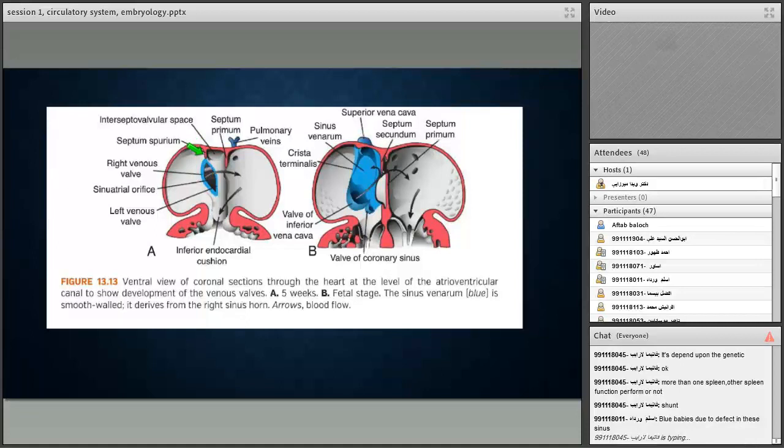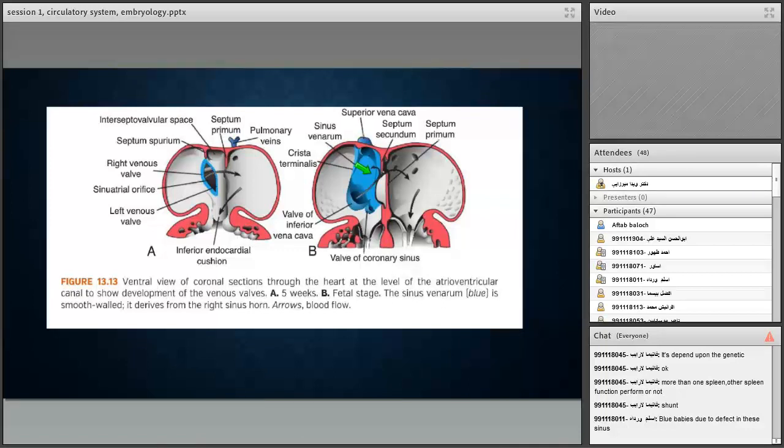By entering the sinus venosus into the right atrium, this part will enlarge and, as I said, will make the smooth walled part of the right atrium.